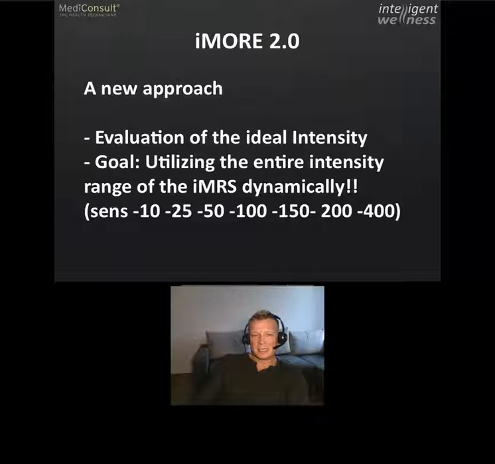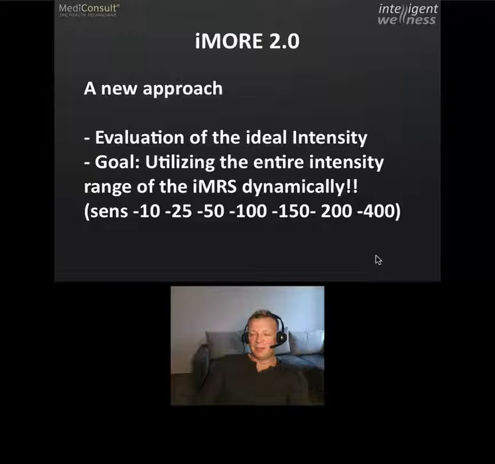So the goal, and why we increased it to seven increments, is to utilize the entire intensity range of the IMRS during its entire application dynamically. The IMRS Complete and Professional provides us with 1, 2, 3, 4, 5, 6, 7, 8 intensities. The well-fit would be 7.